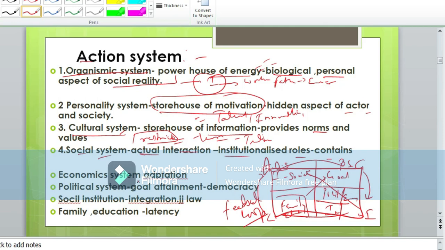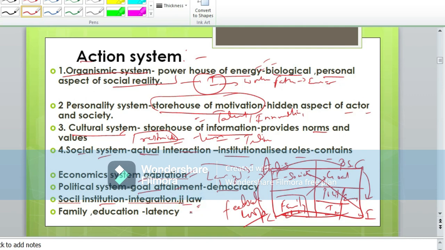So the economic system provides adaptation, in which people get engaged in society in primary, secondary or tertiary economic activities for production. Then the political system provides goal attainment, such as democracy, in which demands, laws and regulations are made by the government. Third is the social institution, integration.